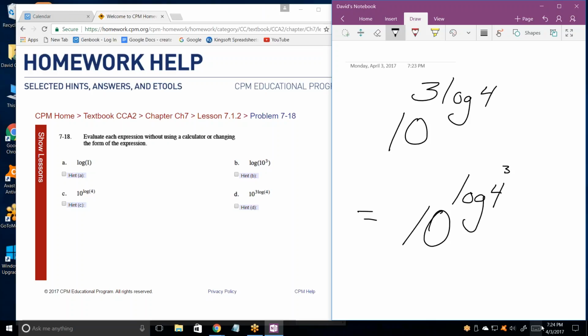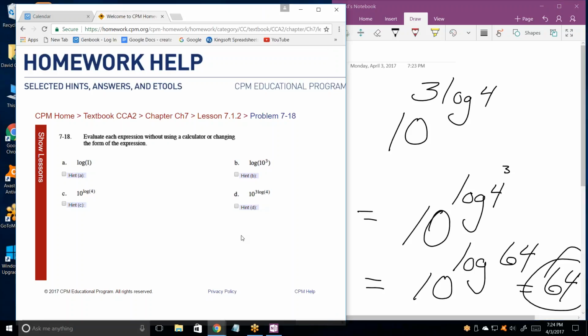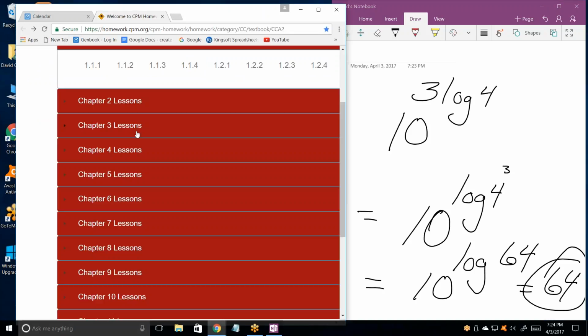See what I did? Well, now that is 10 to the log of 64. What's that equal to? 64. Okay. Using that rule we just learned from the previous problem. Okay, that was 718.